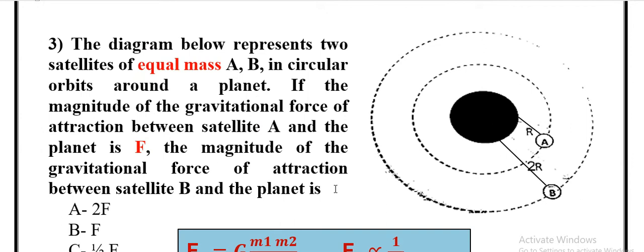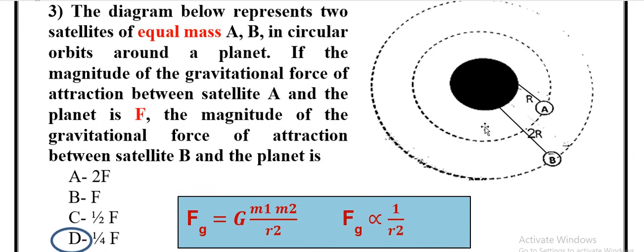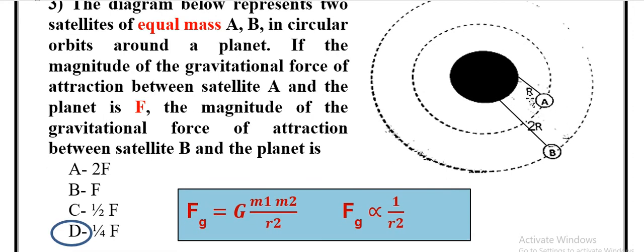Diagram 3, question number 3. The diagram represents two satellites A and B of equal masses. A and B are in circular orbits around a planet. If the magnitude of the gravitational force between satellite A and the planet is F, what will be the gravitational force between B and the planet? Gravitational force is inversely proportional to the square of the radius.